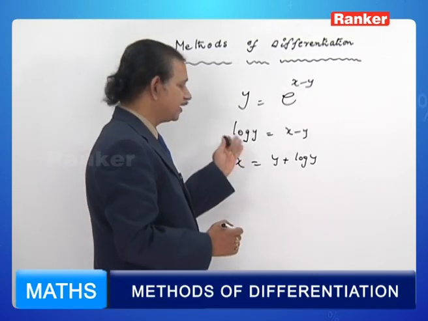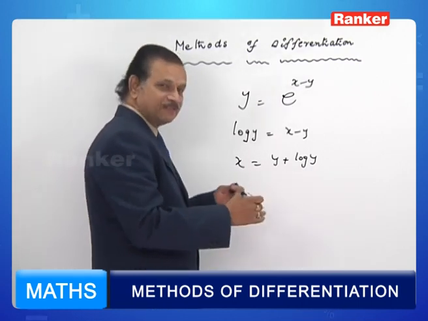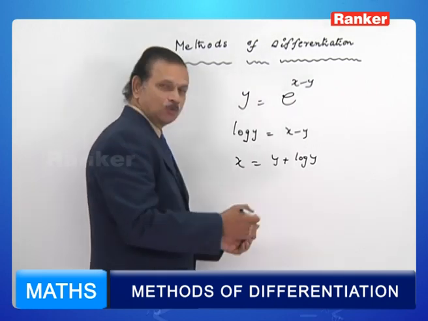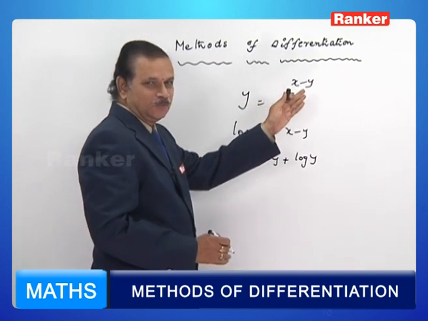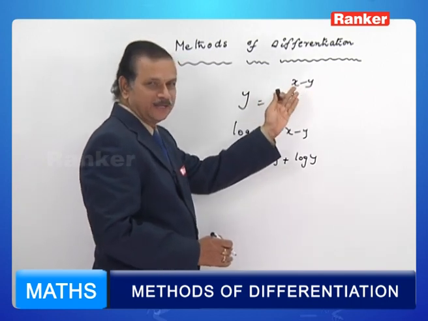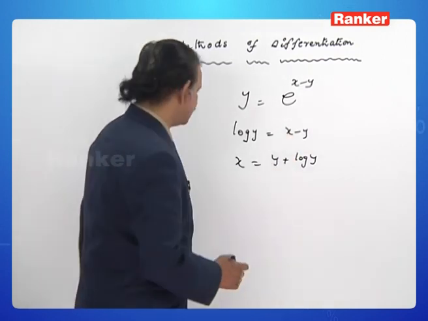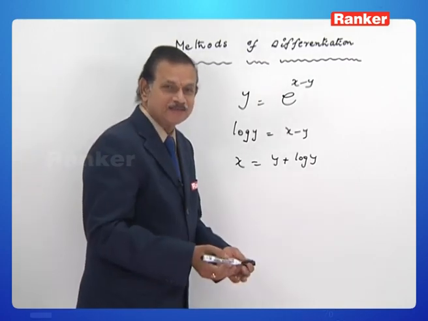Now we have taken logarithms on both the sides so that it is facilitated. What is that facility? The exponent part, which is in terms of x and y, has come down to the original part. Now I differentiate it with respect to y rather than x.